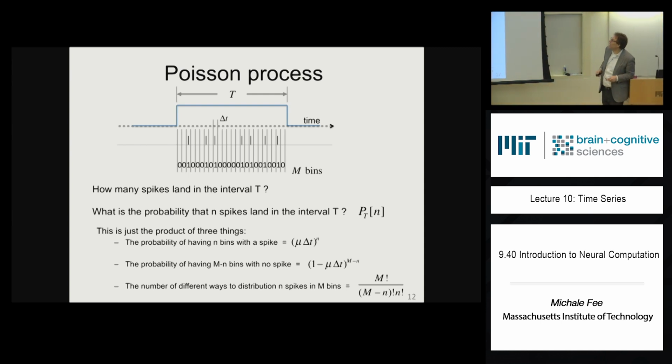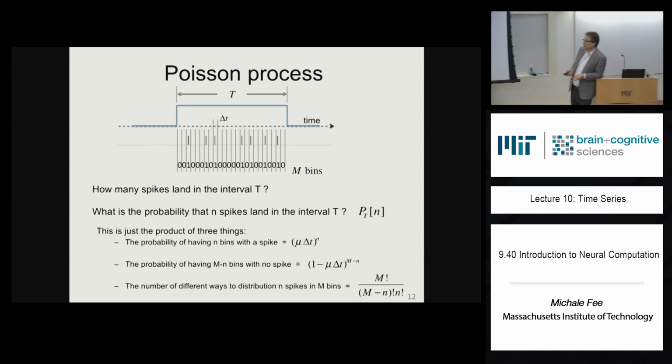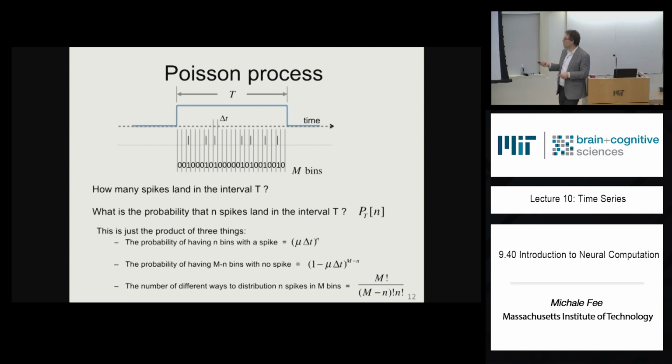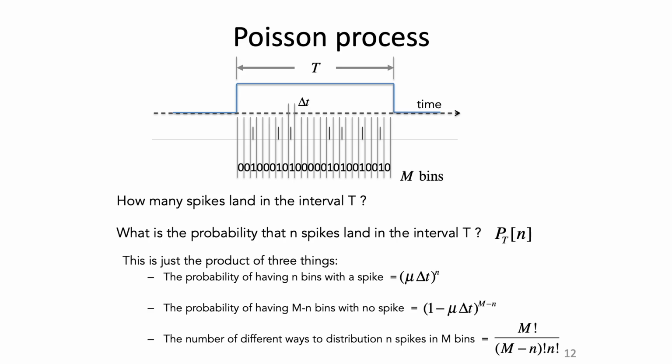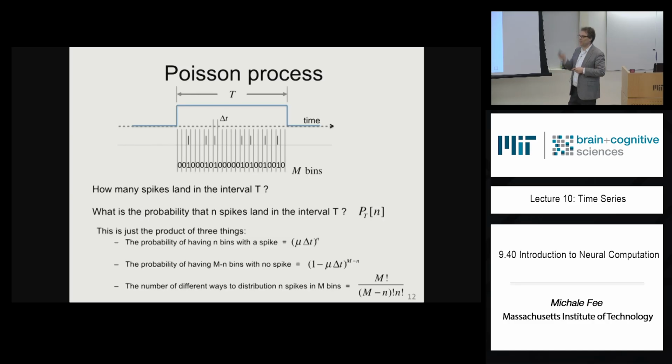In general, spikes are about a millisecond across, and we're usually thinking of these bins as approaching about a millisecond. But what we're about to do is take the limit where delta t goes to 0, and in that case, you have to think of the spikes as delta functions.